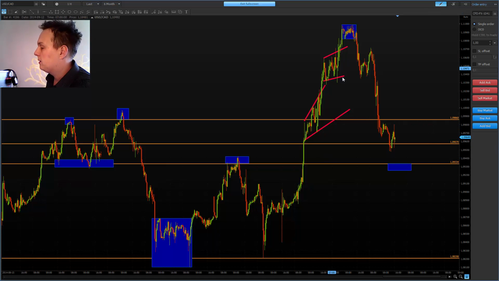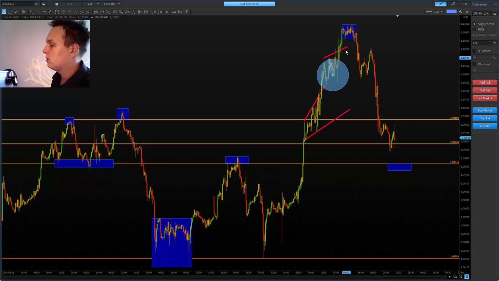So such a formation we have here, probably a head and shoulders pattern, very small, but it forced us to anticipate a corrective move, okay.